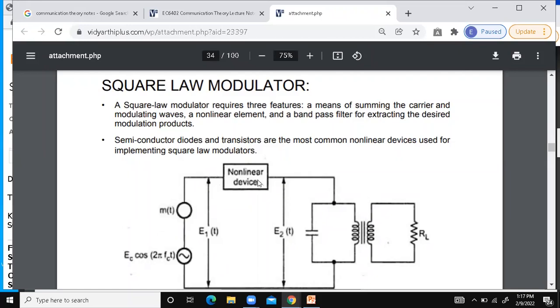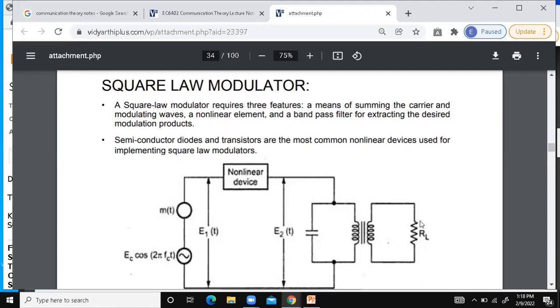Nonlinear device, meaning that we are going to transport the sum signal, the product of these two signals. We want to get it out here to the load.